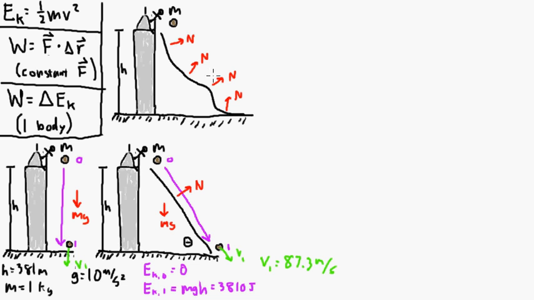What you do when you have a situation like this is you break it up into a bunch of little pieces. So for each little piece, say we're breaking the ramp up into little straight segments. We don't want to do an uphill segment, but say we have one segment like that, and another segment like that, and another segment that's almost flat, and then another one down like that.